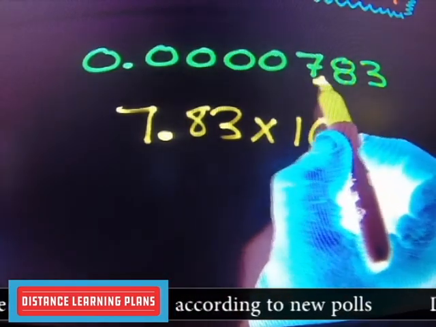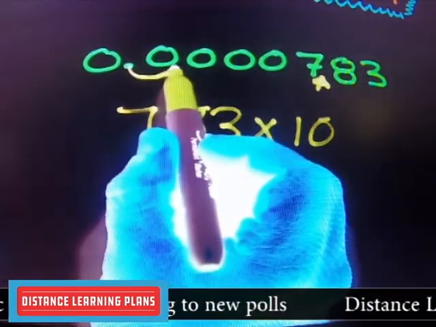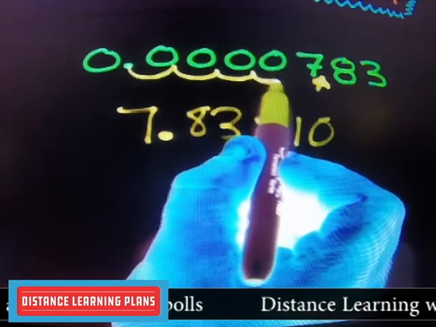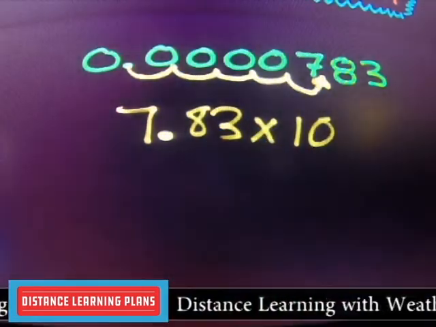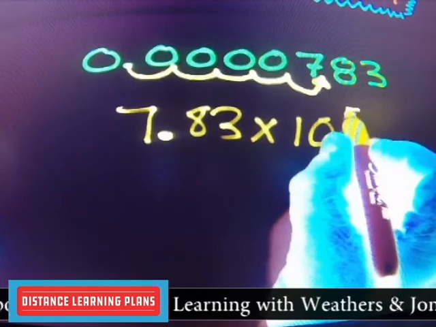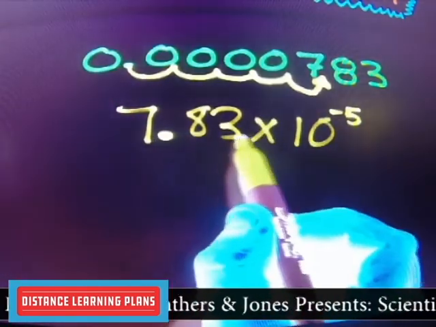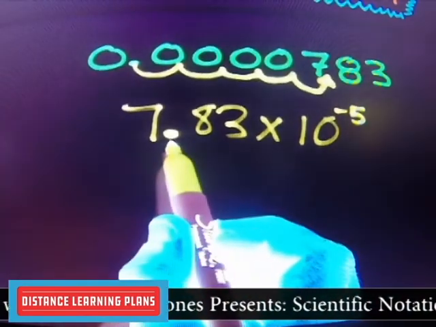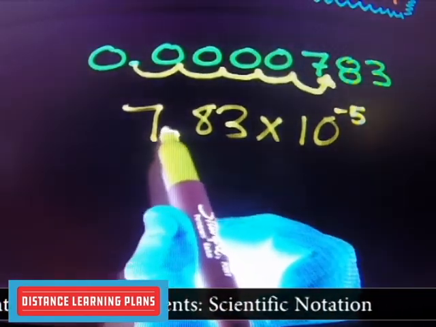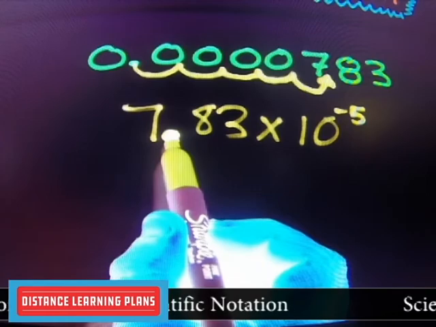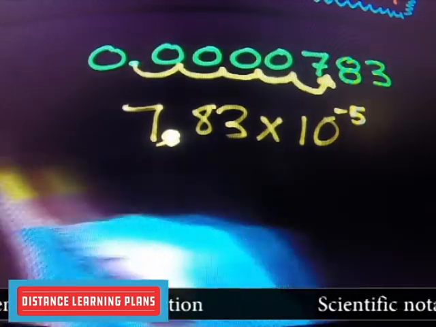That's where it's got to go. It moves 1, 2, 3, 4, 5 times. So it moves 5 times, but we put a negative 5. When you say 7.83 times 10 to the negative 5th, what that says is that to put this decimal back to the original number, you'd have to move it left 5 times.